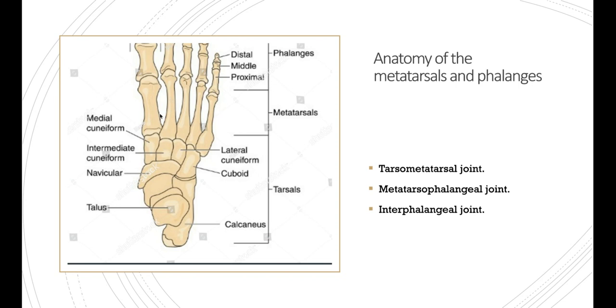So each digit is labelled from 1 to 5, with 1 being more medially and 5 being the most laterally.